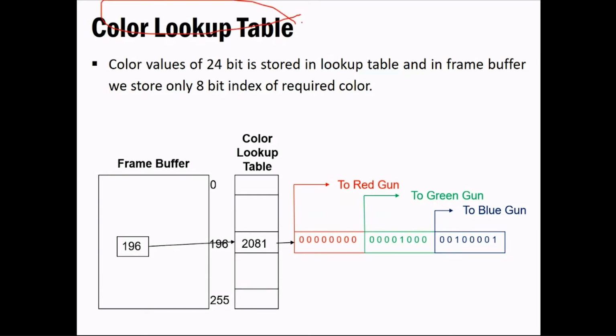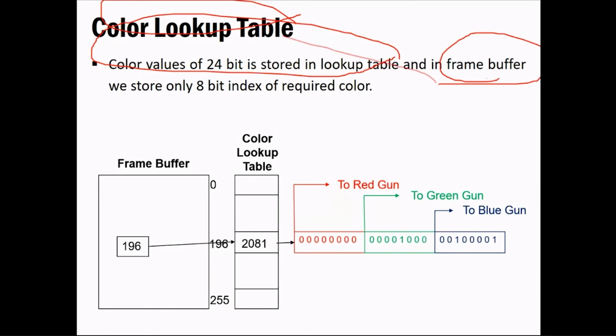Color values of 24 bits are stored in the lookup table. So you'd have the bit information of that particular color stored in your lookup table, and in the frame buffer you'd have only an 8-bit index of the required color instead of storing 24 bits.